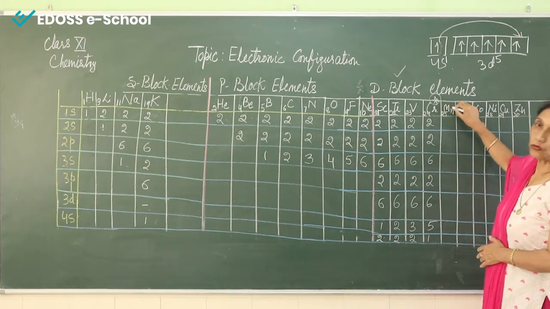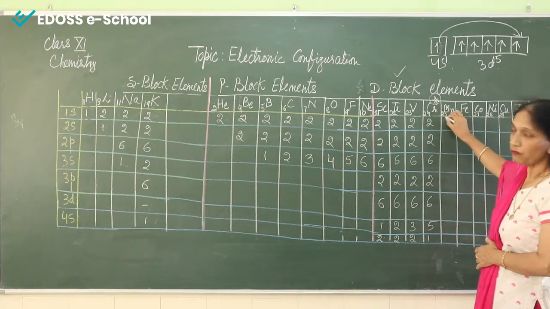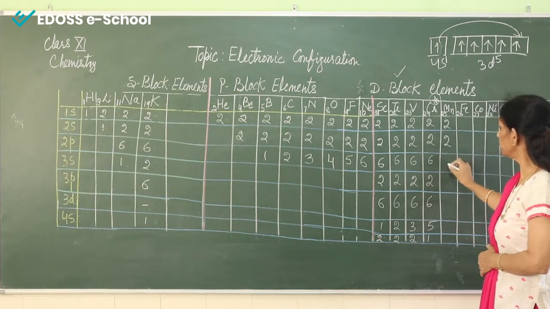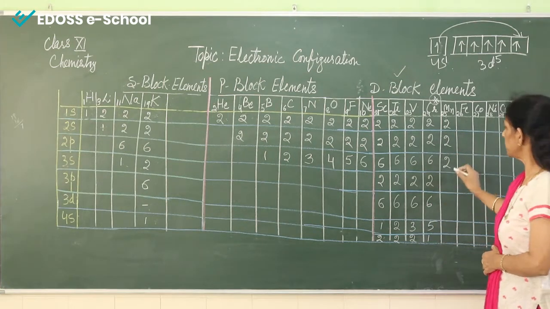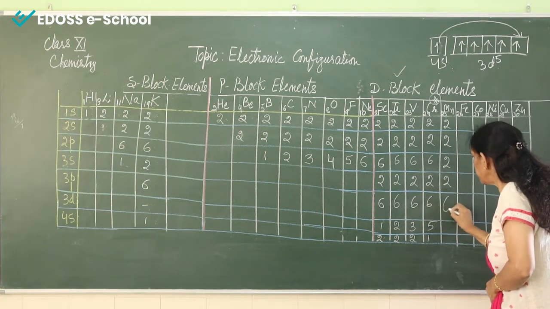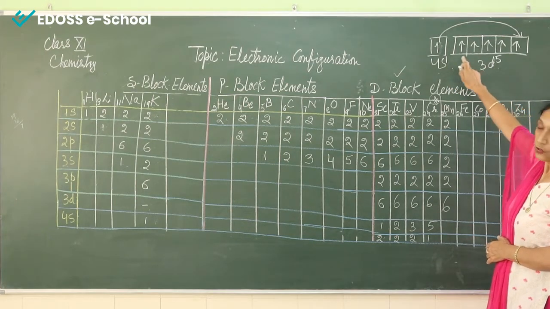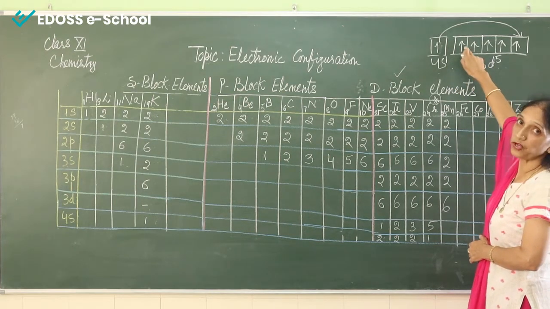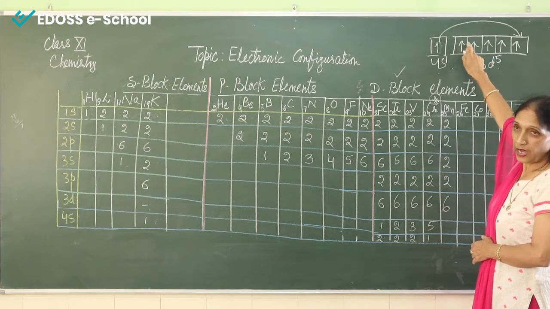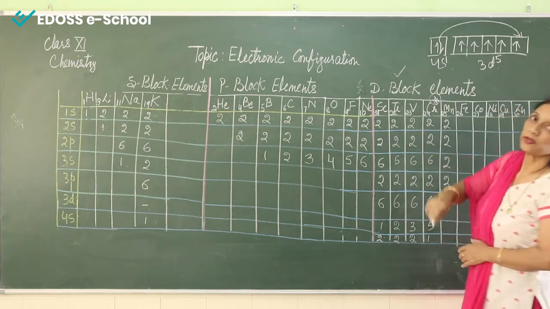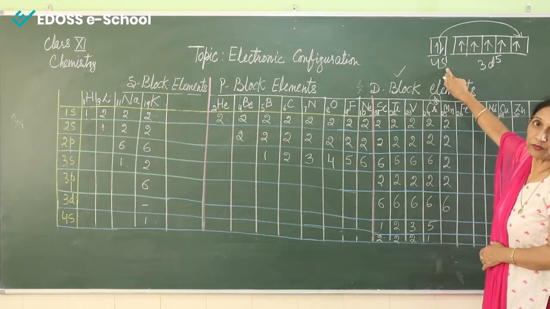Now coming to Mn, Mn is 25. You can say 1s2, 2s2, 2p6, 3s2, 3p6. Now 1 more electron is going. This electron will not move here, this electron will move in the s orbital.